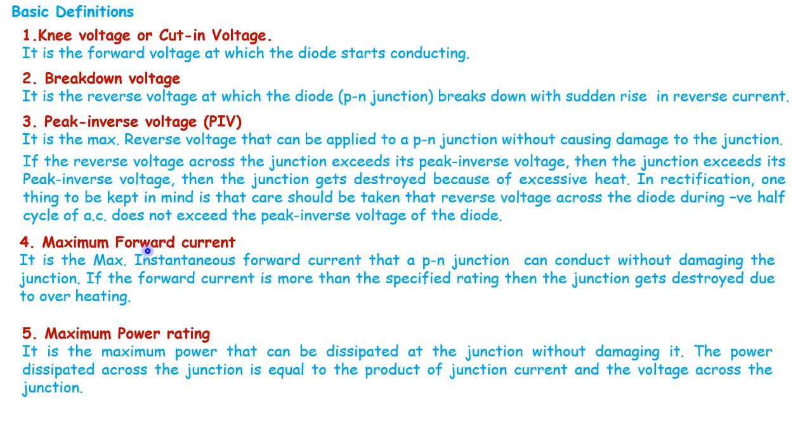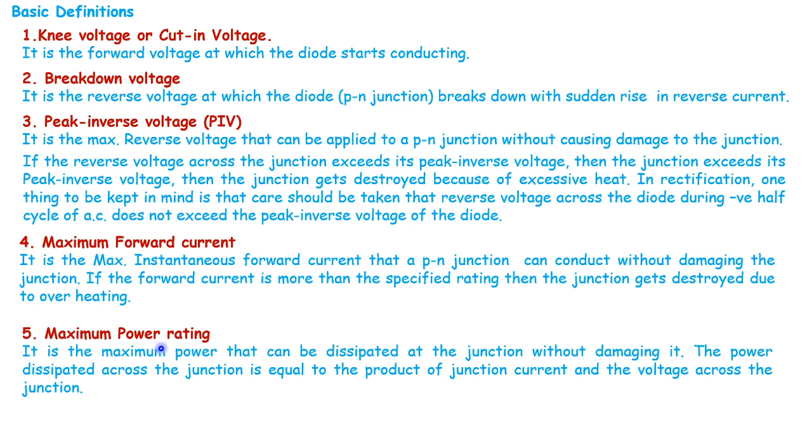Maximum forward current is the maximum instantaneous forward current that a PN junction can conduct without damaging the junction. If the forward current is more than the specified rating, then the junction gets destroyed due to overheating.